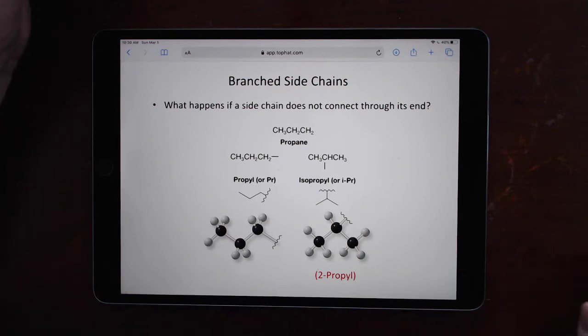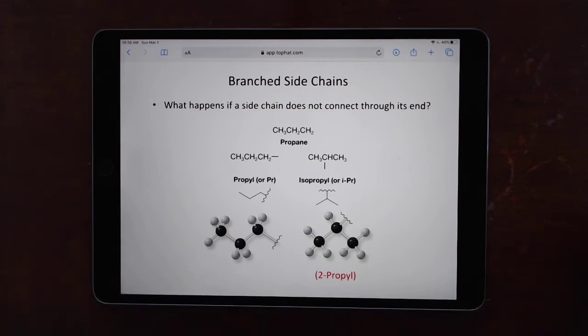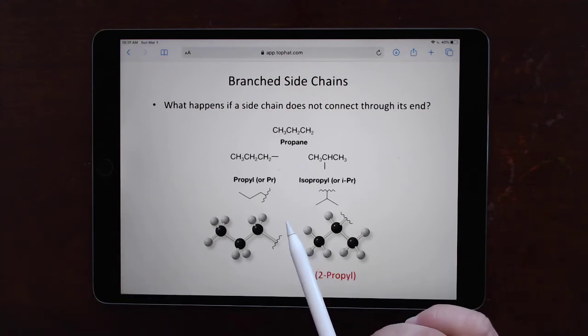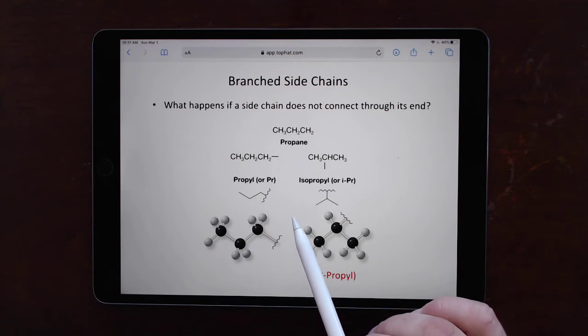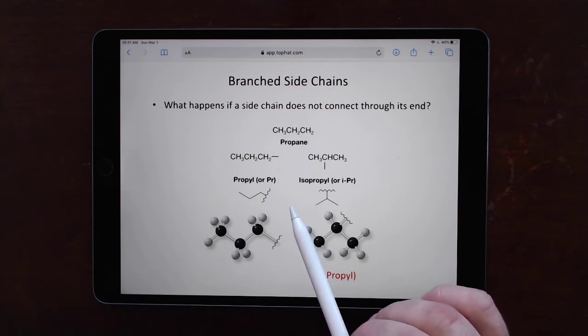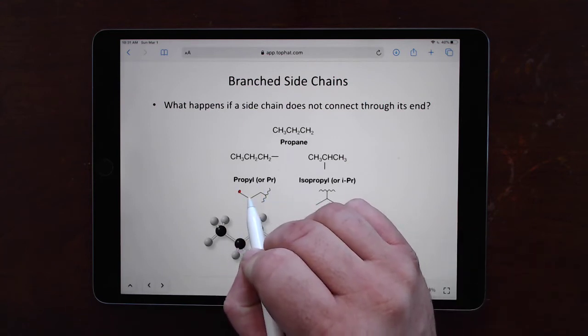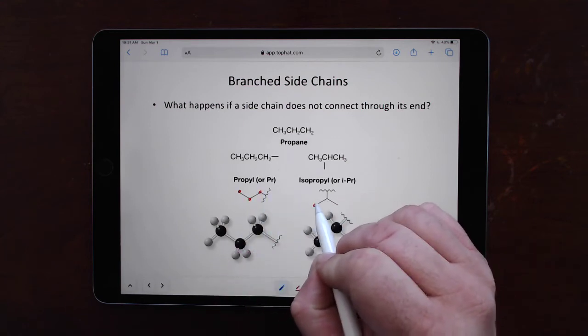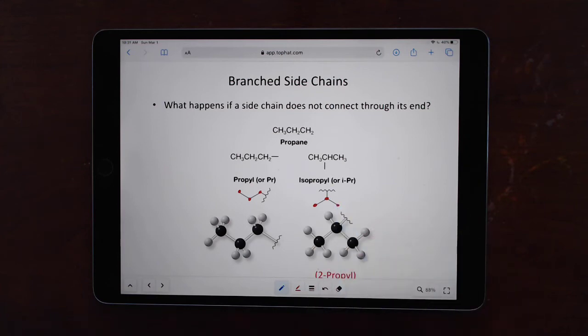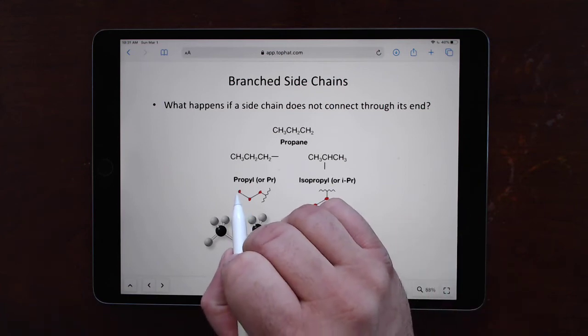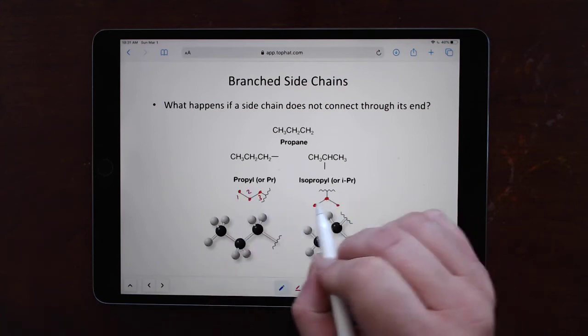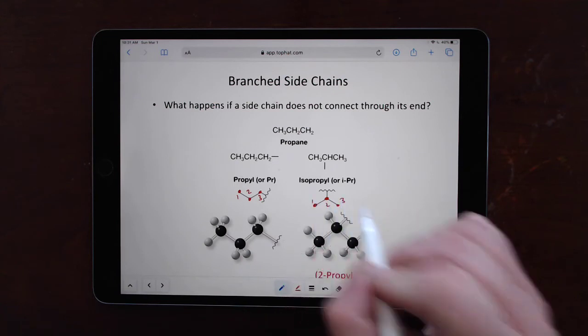Okay, so of course things can't be quite that easy. You can have more complicated side chains, starting particularly at the propyl group. Each one of these side chains is 3 carbons long, so 1, 2, 3, 1, 2, 3.